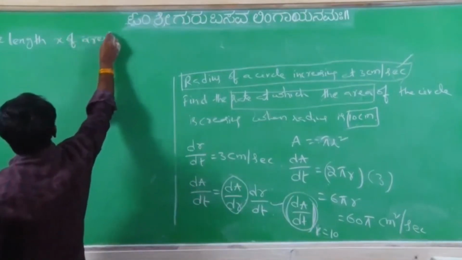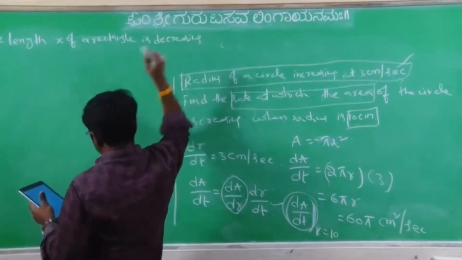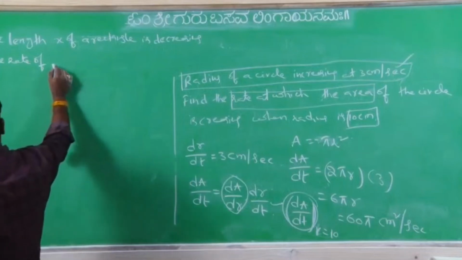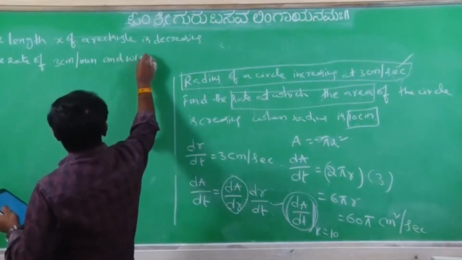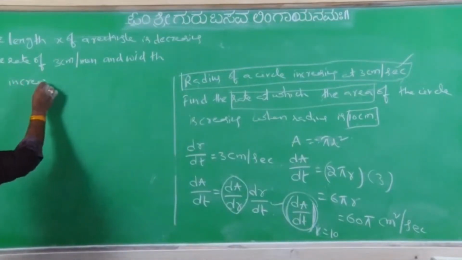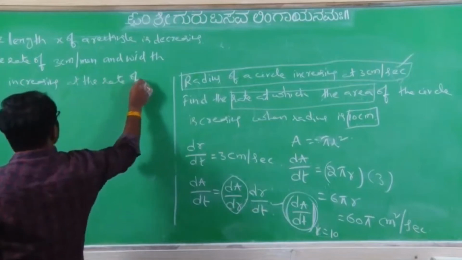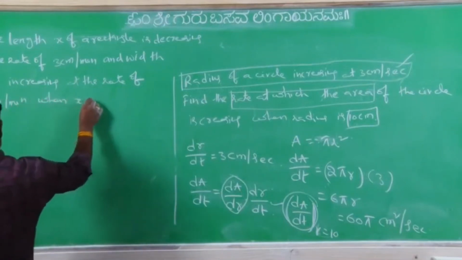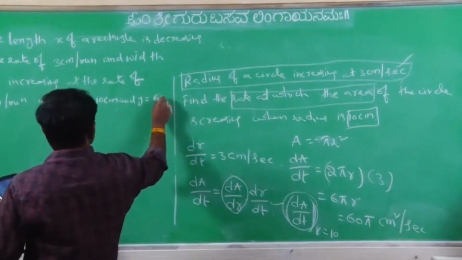The length x of a rectangle is decreasing at the rate of 3 centimeter per minute, and width y is increasing at the rate of 2 centimeter per minute, when x equal to 10 centimeters and y equal to 6 centimeters.